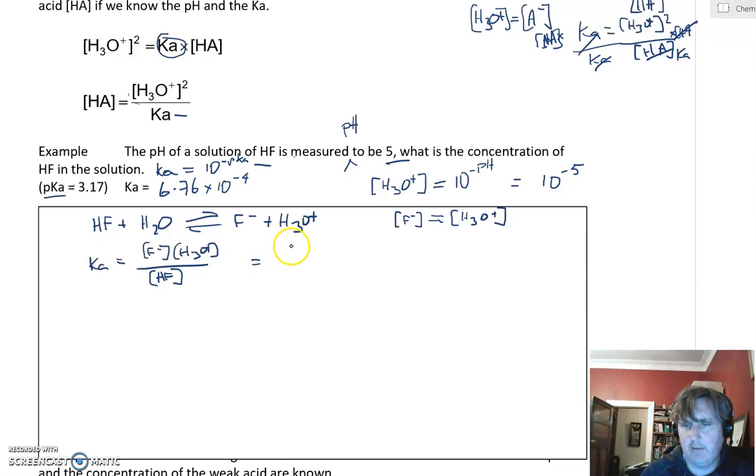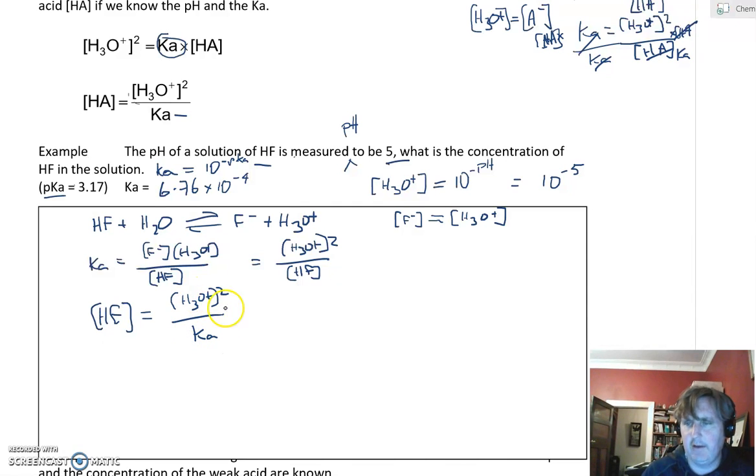So we get H3O plus squared over the HF concentration, and we end up getting that the concentration of HF, our weak acid, equals the concentration of H3O plus squared over the Ka.